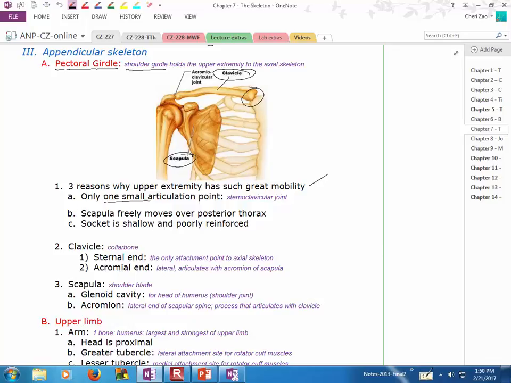And so we have this really big, flat fossa here that has a muscle in it, and it's going to glide over the posterior surface of our thorax, or thoracic cage, and go all over the place, as you guys already know. In addition to that interesting aspect, we have a very shallow socket for a ball and socket joint here.